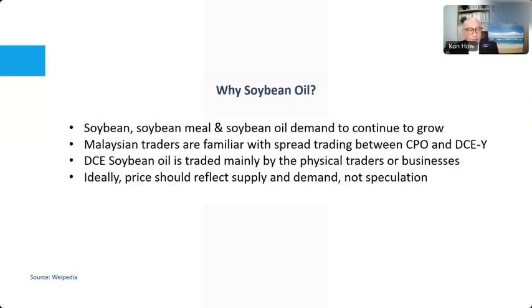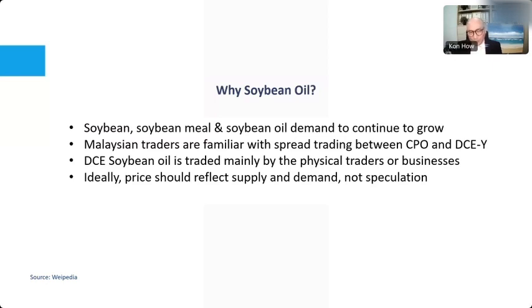Another point here is that the soybean oil traded in DCE is mainly traded by enterprises, about 90%. I cannot be specific about the percentage. And again, in recent years, we could see that the China market does not like too much speculation. Earlier we did a comparison between the DCE soybean price and the CBOT soybean price.